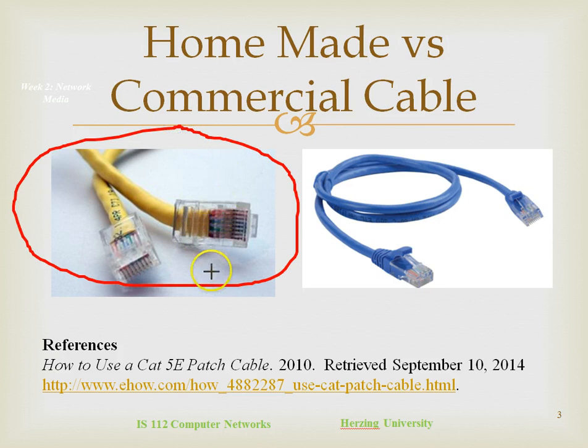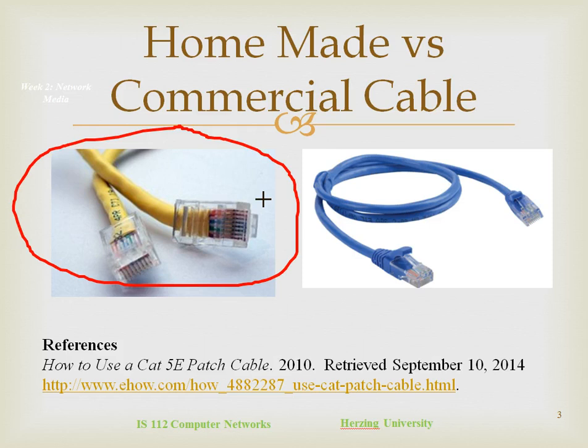You'll know it's homemade cable because the ends were placed on the wire with no molding. Okay, so you can see that they were added on the ends. One of the biggest advantages of a homemade Cat5 cable is that you can make it a custom length.